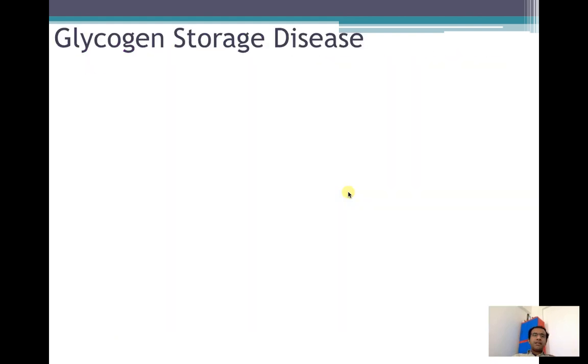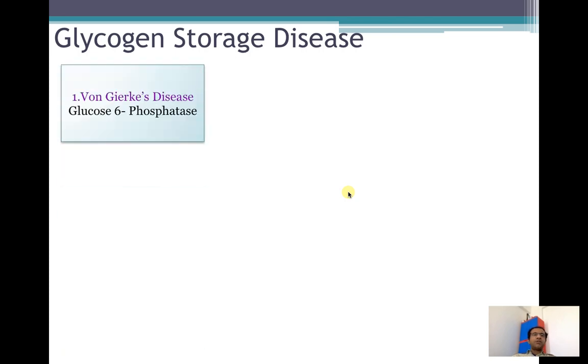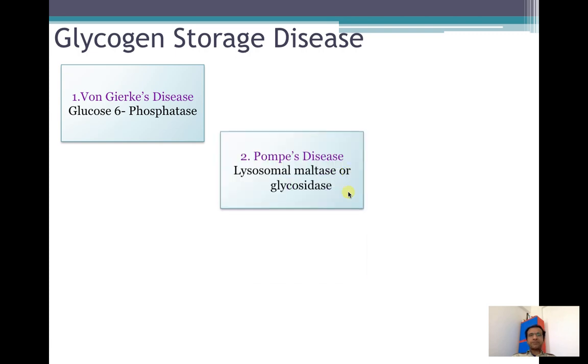Now there are certain disorders related to glycogen metabolism. They are known as glycogen storage diseases. You should remember the name of the disease as well as the deficient enzyme present in it. So type 1 glycogen storage disease is known as von Gierke's disease. It is the commonest of glycogen storage diseases, and here there will be deficiency of the enzyme glucose 6-phosphatase.